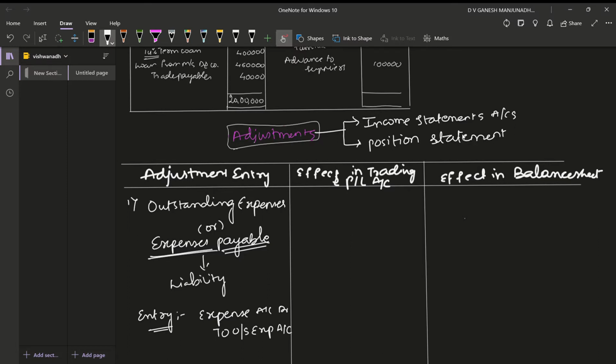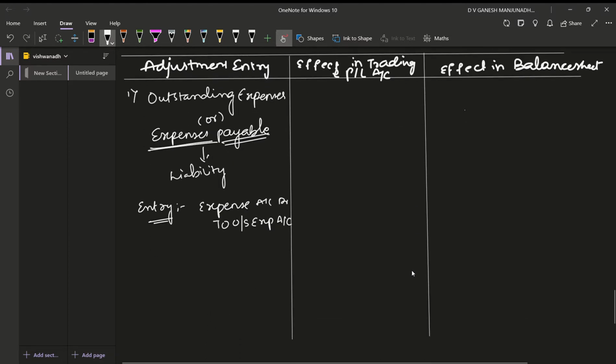Either the impact is on the income statement only, or on the position statement only, or on both. There will be two impacts, and we have to take them into consideration, depending on where it is given.